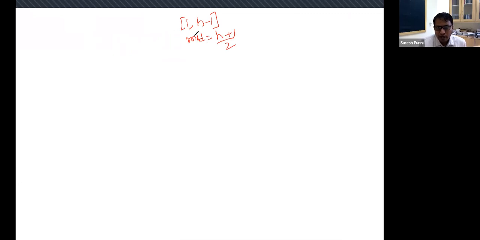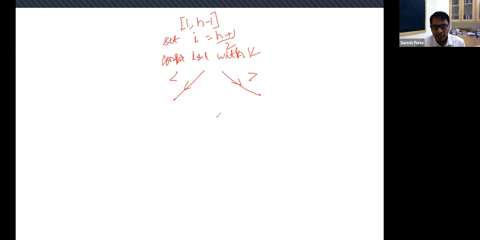So we set our initial estimate for I: set I equal to h plus 1 by 2, and compare I star I with k. If I star I is equal to k, we are done, but there are two possibilities: I star I is less than k, or I star I is greater than k.